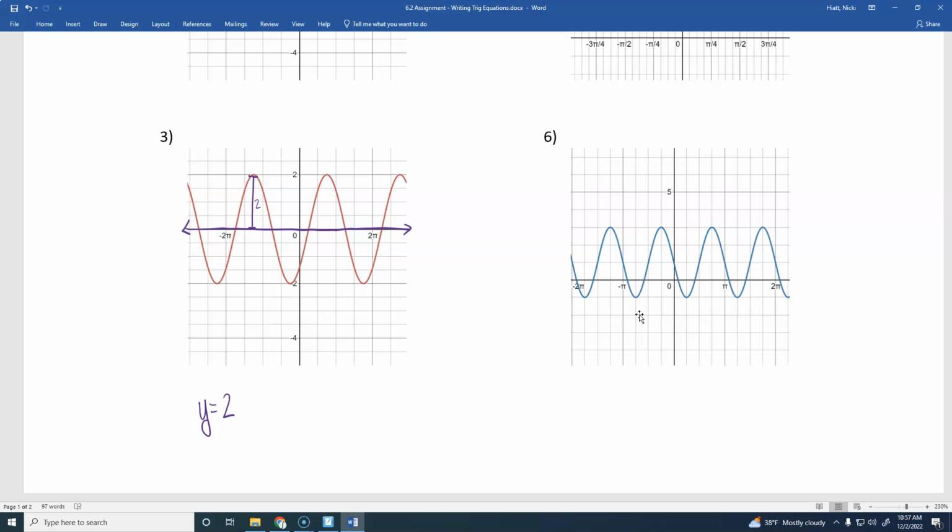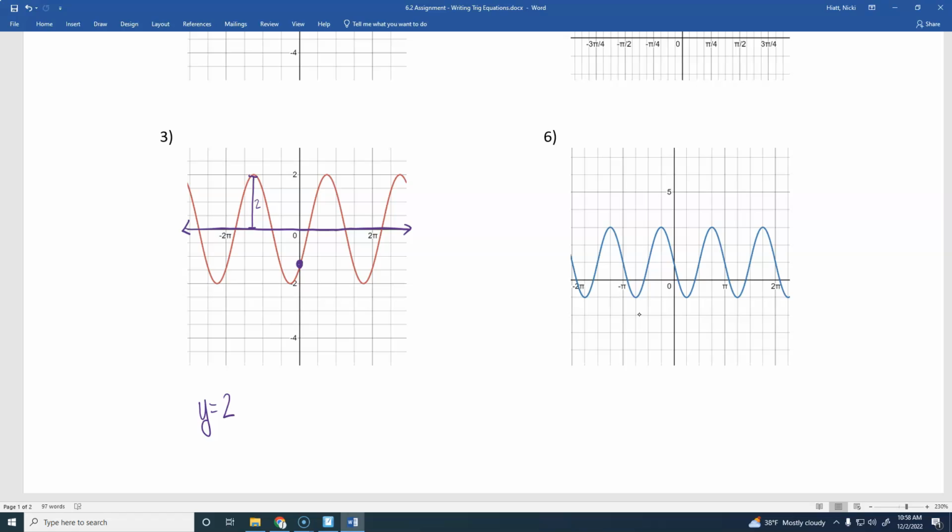After you have found amplitude and midline, period has to be found next, because if you don't know the period, you can't do phase shift correctly. So for period on a graph, I always look wherever the y-intercept is.